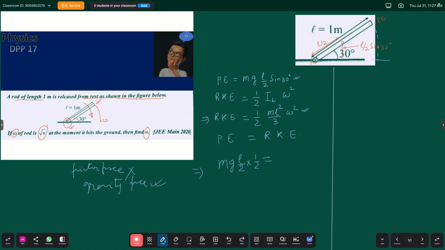And on this side, rotational kinetic energy, that is half into mL square by 3 into omega square.